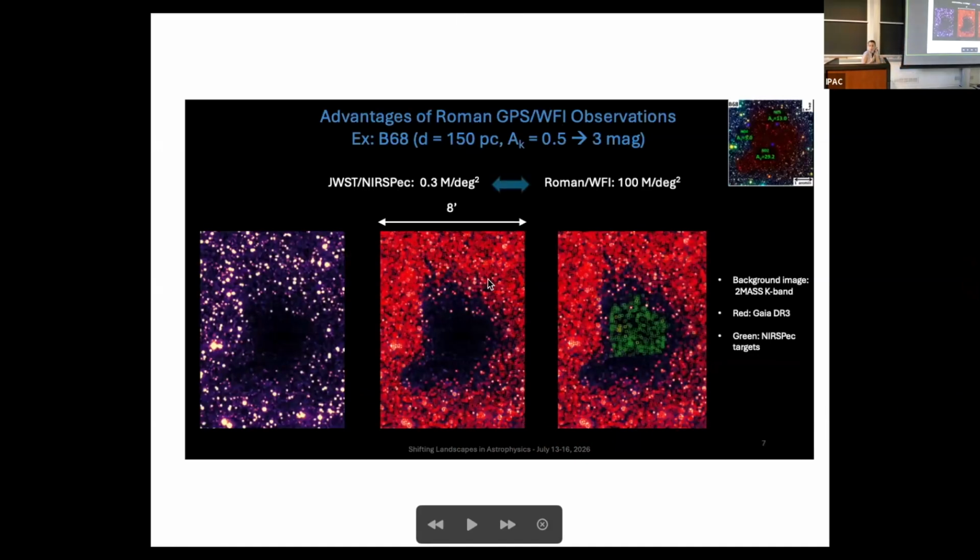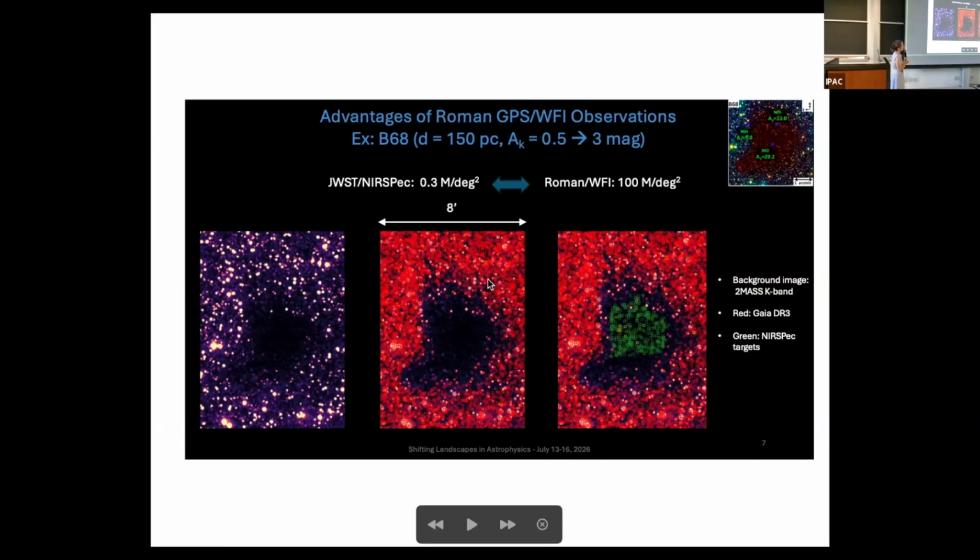So let's come now to Roman. Here I want to emphasize the advantages, but also the challenges that are going to be there. I'm going to start on the positive side, the advantages, and I'm going to use the JWST data that I've been collecting since cycle 1.